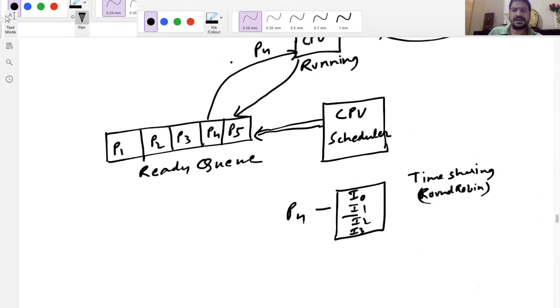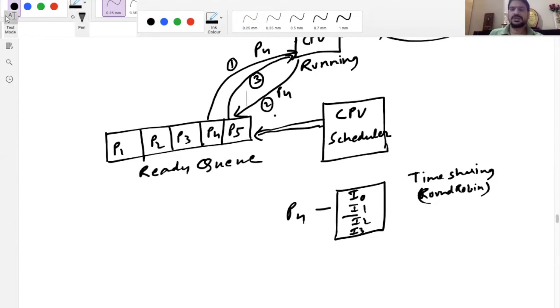That is called preemption. After that, the next program is going to be allotted the CPU, right? If this type of scheduling is going on, that is called preemptive scheduling.